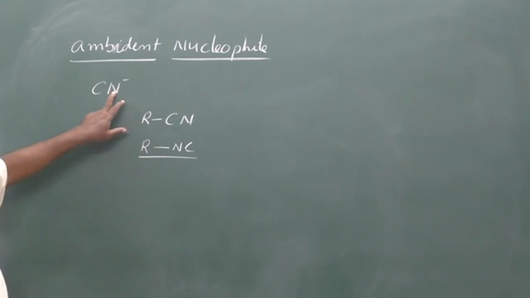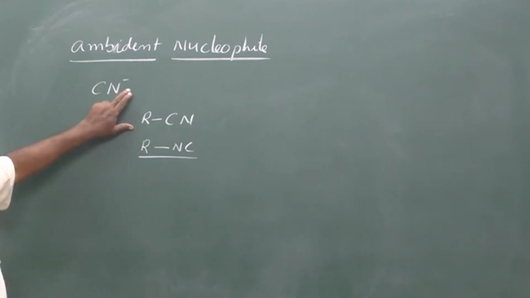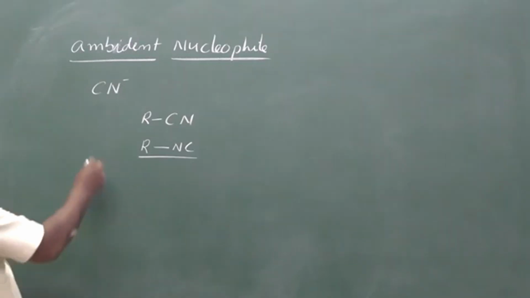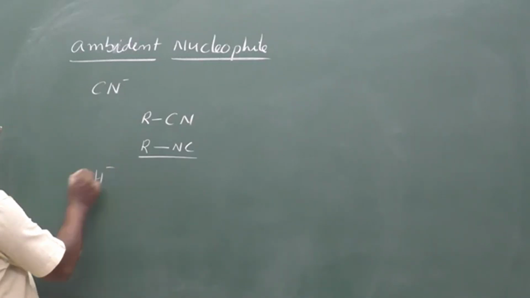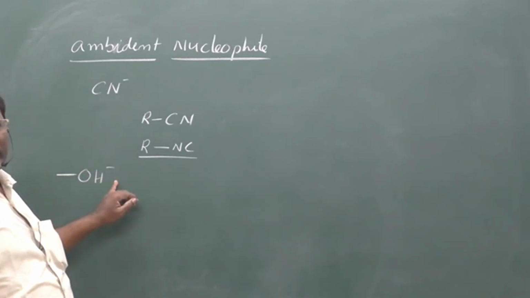So this nucleophile can attack the electrophilic atom from the carbon side or from the nitrogen side. This type of nucleophiles are called ambident nucleophiles. For example, OH minus always attacks from the oxygen side only. It cannot attach from the hydrogen side.